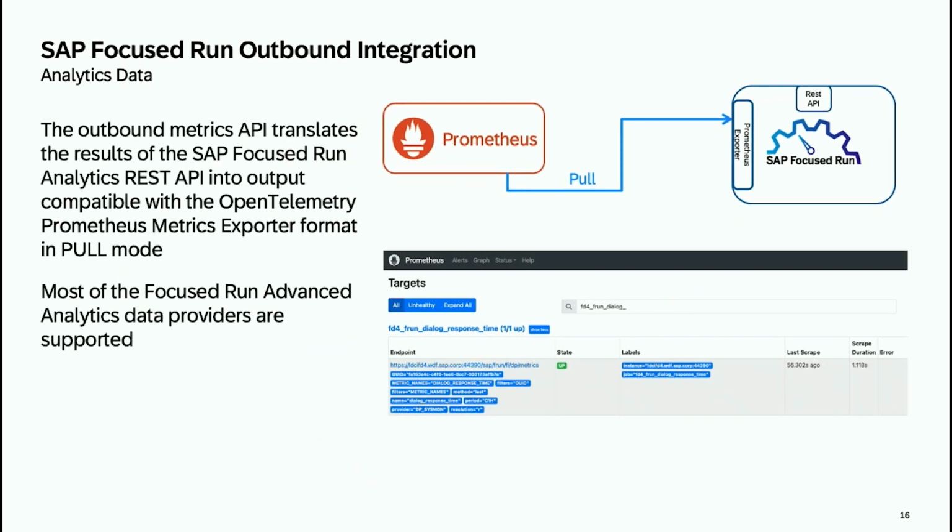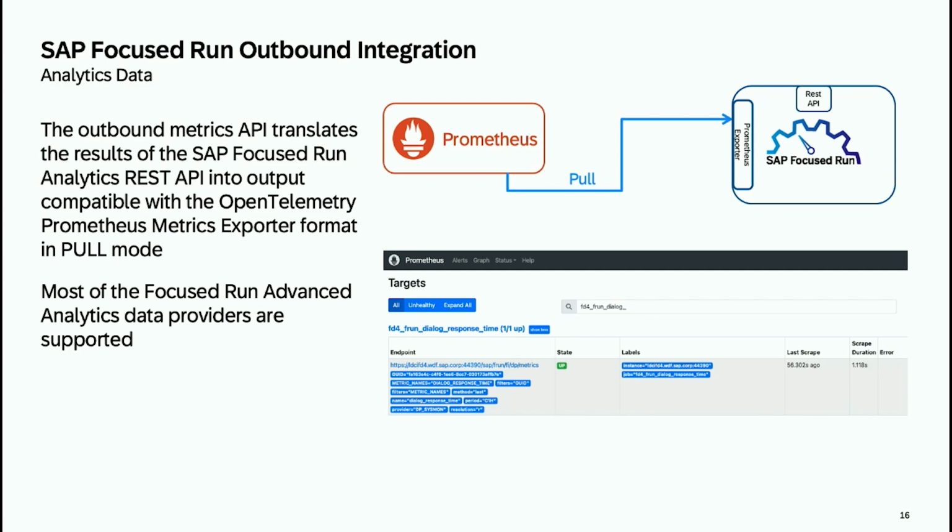So how does this work specifically? Again, this outbound metric API translates the metrics from a specific format in Focused Run to this Prometheus format. You can go in Prometheus and configure several jobs. Each job can scrape one or multiple metrics depending on the data provider.